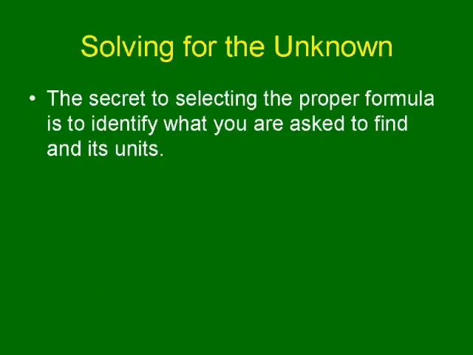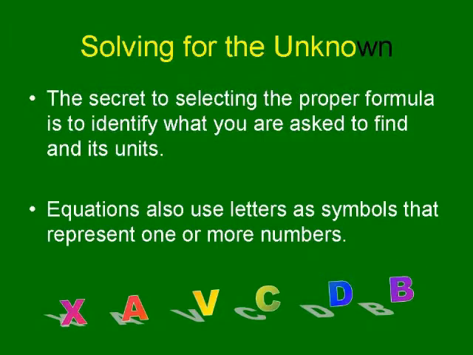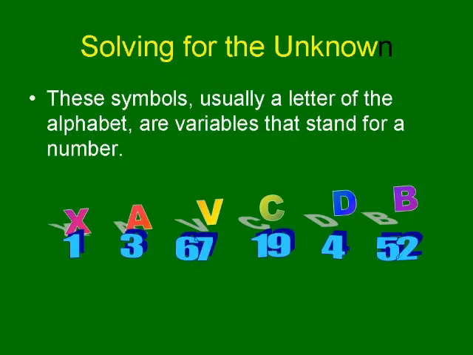The secret to selecting the proper formula is to identify what you are asked to find and its units. Equations also use letters as symbols that represent one or more numbers. These symbols, usually a letter of the alphabet, are variables that stand for a number.